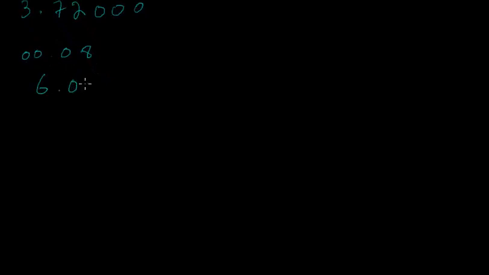Zeros on the right of a decimal or on the left of a whole number do not add anything to the value. 3.72000. 00.08. 6.000. 0406.00030. 0.007. 007.